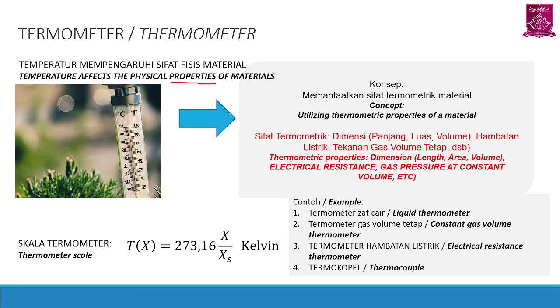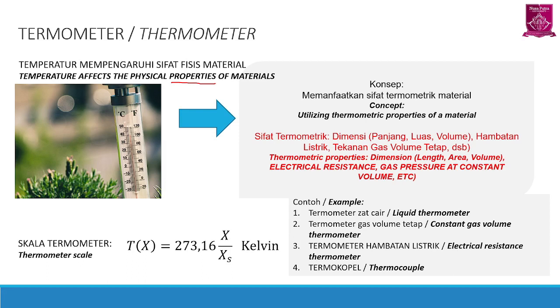The concept of the thermometer is utilizing the thermometric properties of a material. Examples of thermometric properties are dimensions, like length, area, or volume, or it could be electrical resistance, gas pressure at constant volume, and so on.